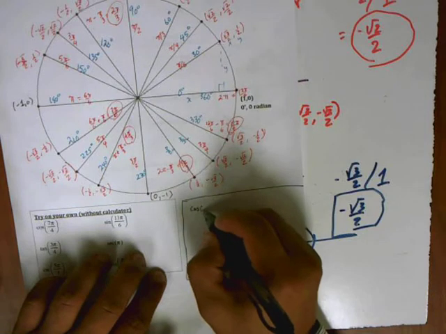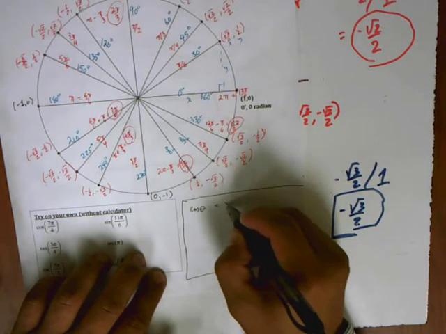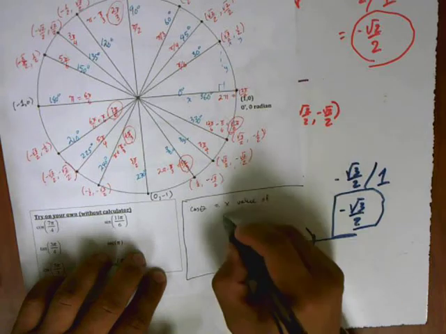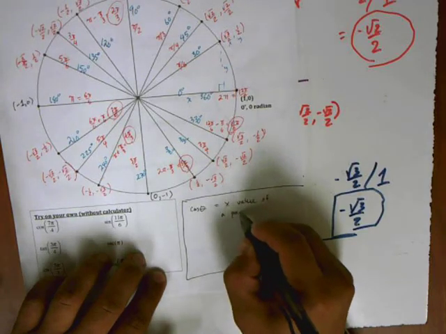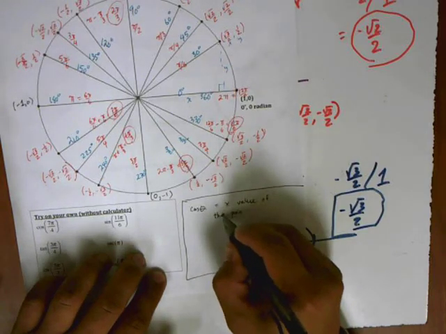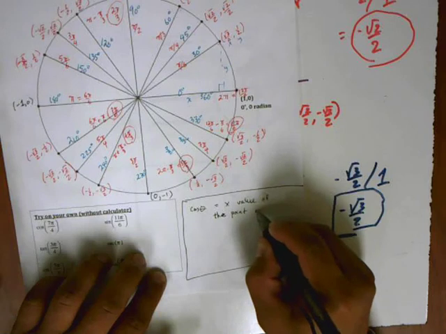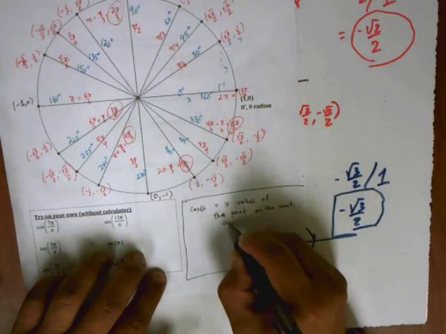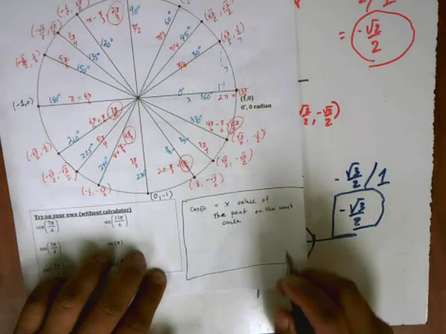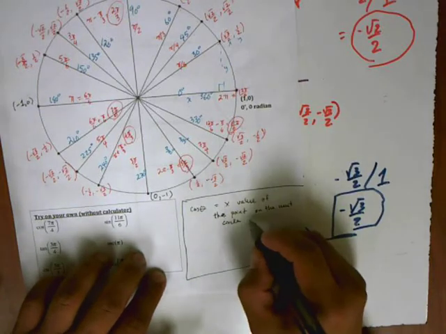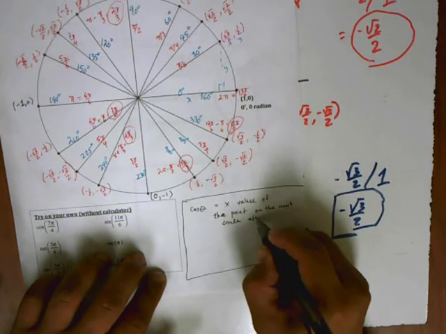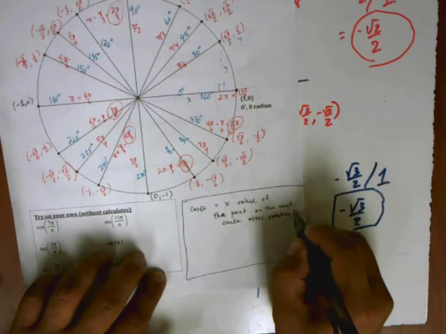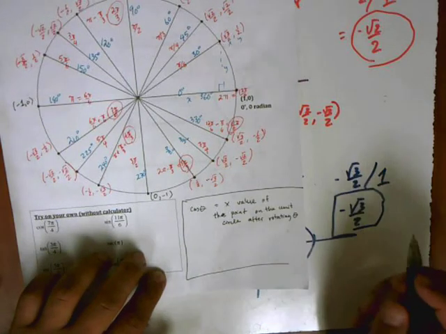Cosine of theta is just equal to the x value of the point on the unit circle after rotating theta degrees or radians.